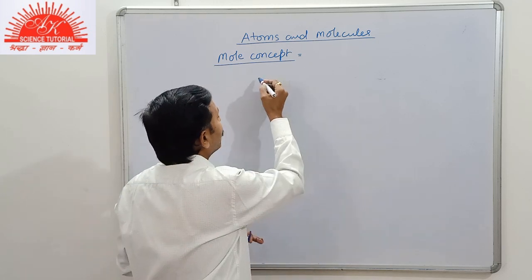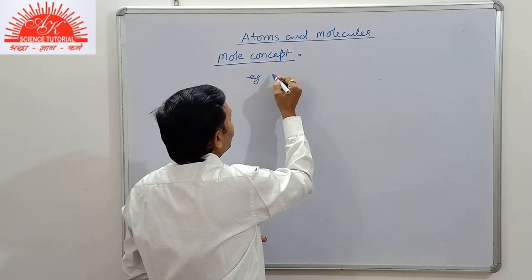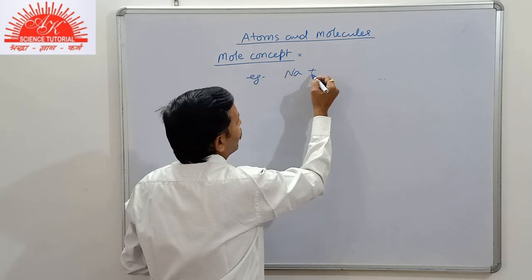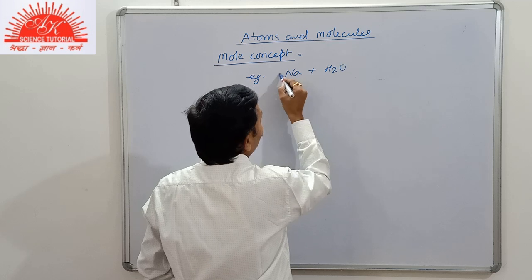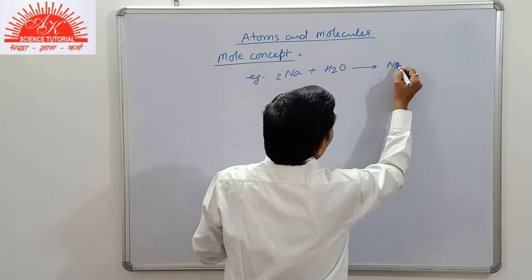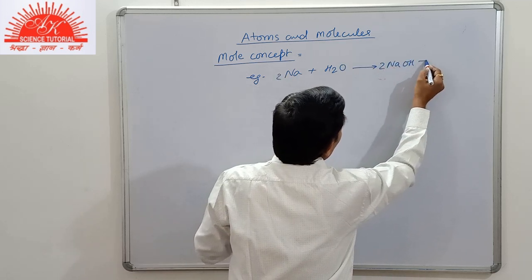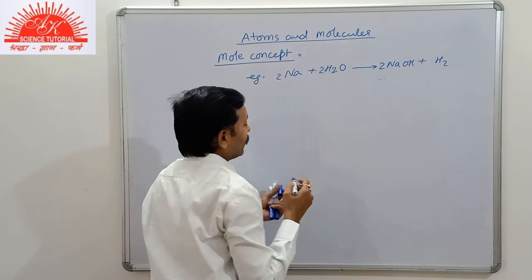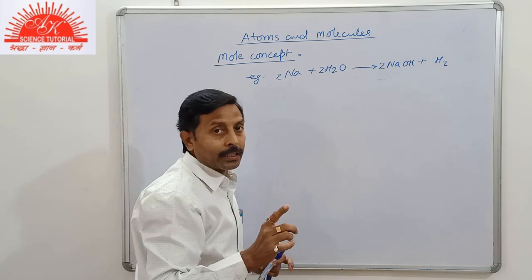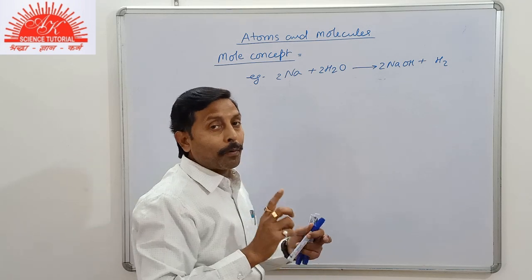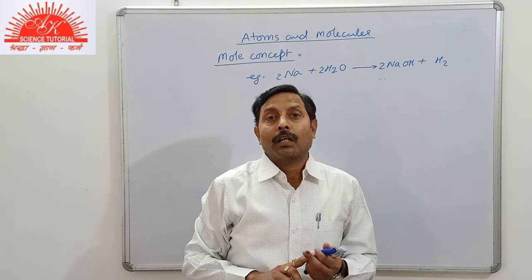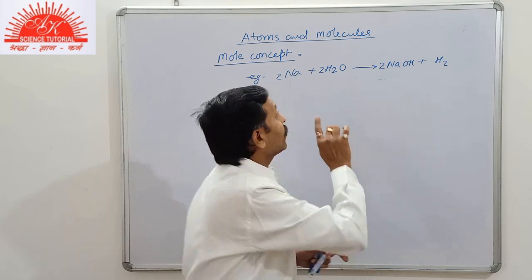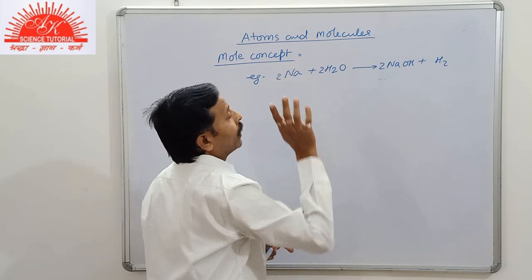represented. For example, suppose in a chemical reaction we take this example: Na plus H2O gives NaOH plus H2. So in this part you see that in a reaction we take the mass of the substance in proportion, or the number of atoms or molecules.